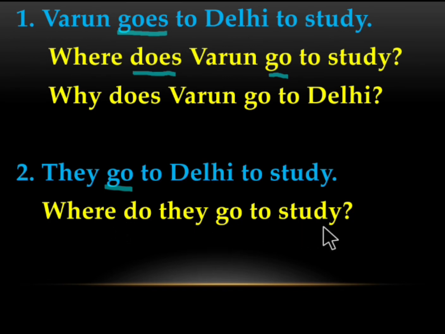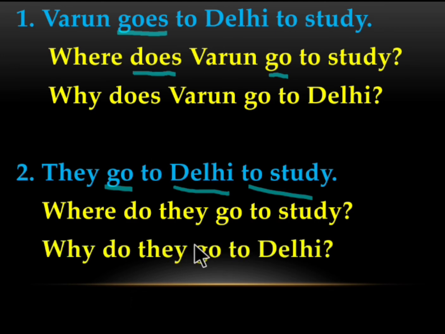Where do they go to study? So, here the response that we expect is the place. Suppose our expectation is why, then the question will be why do they go to Delhi? They go to Delhi to study.